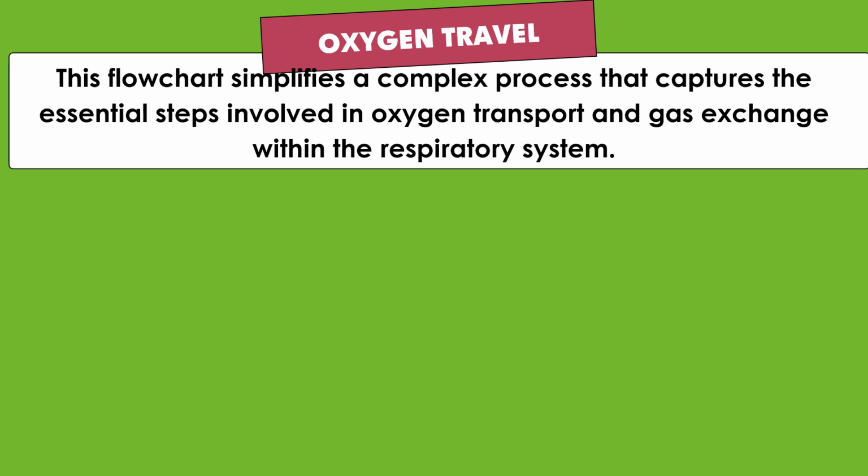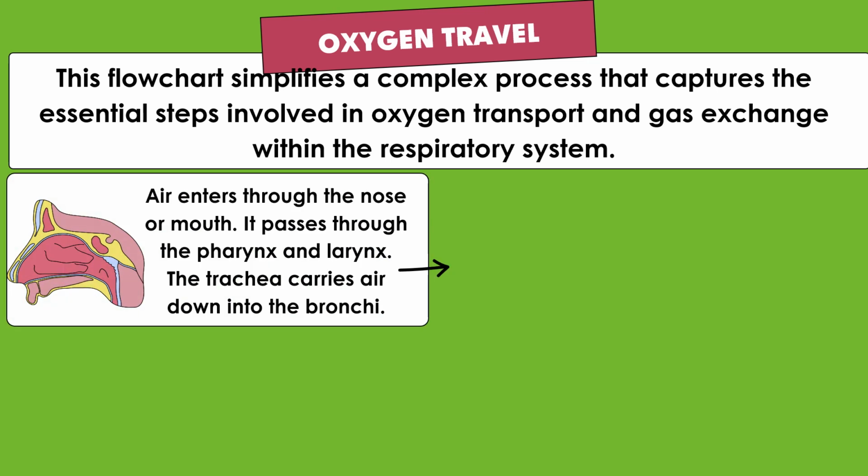Oxygen travel. This flowchart simplifies a complex process that captures the essential steps involved in oxygen transport and gas exchange within the respiratory system. First, air enters through the nose or mouth.